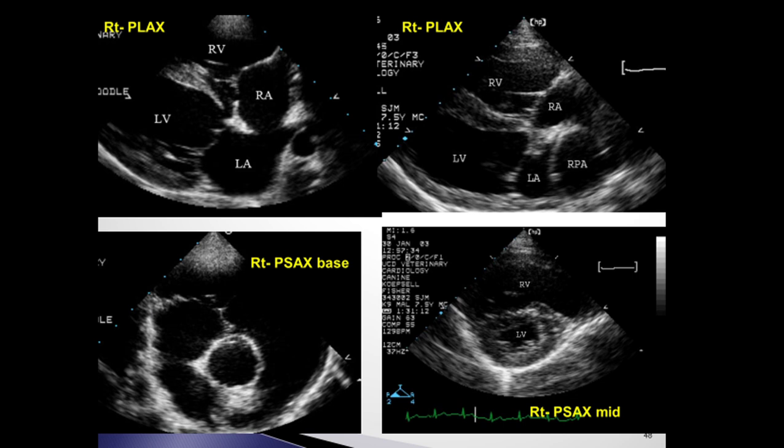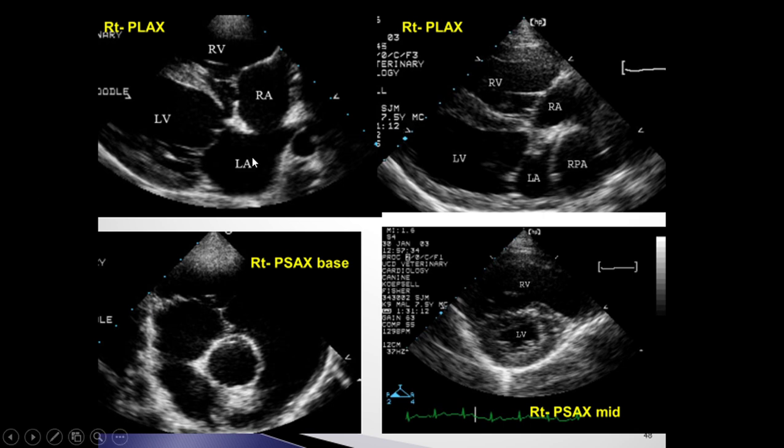We start from the second to third intercostal space next to the sternum, and with circular maneuvers searching, most of the time we can get a good ascending aorta, sometimes off axis of the PLAX.